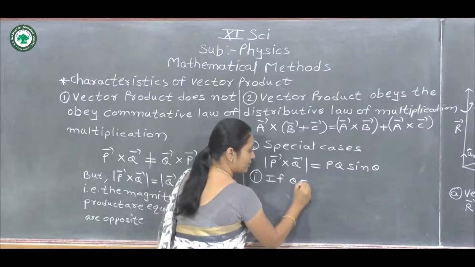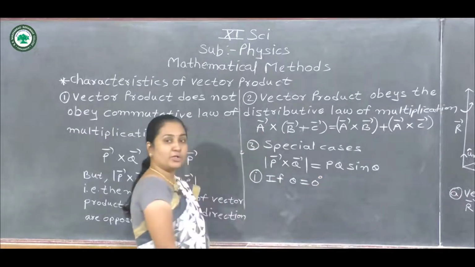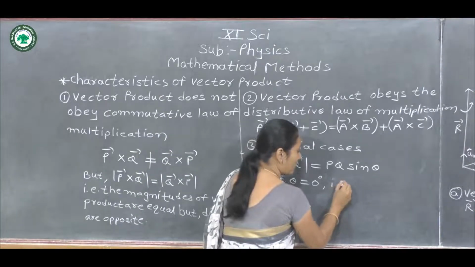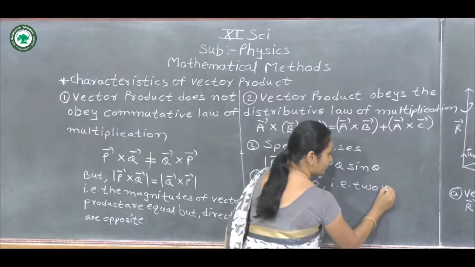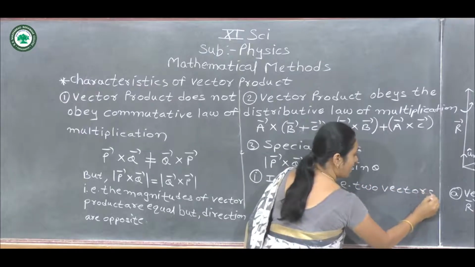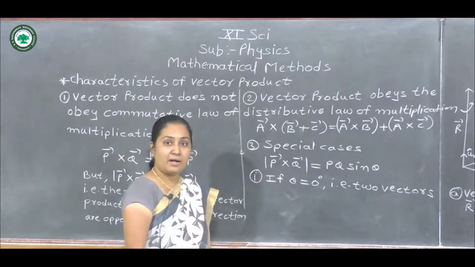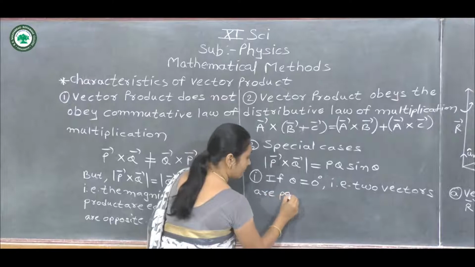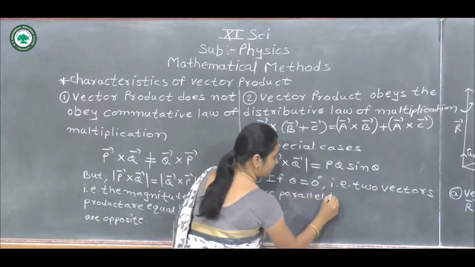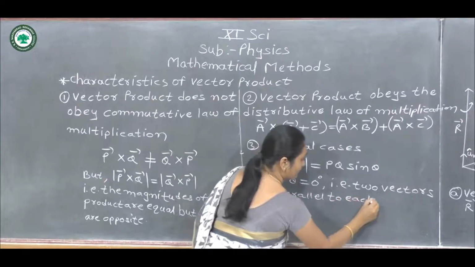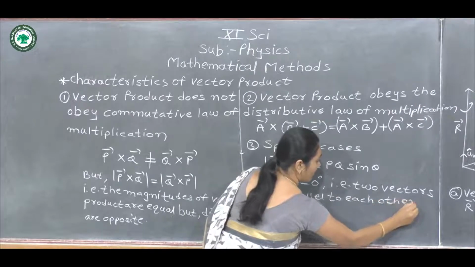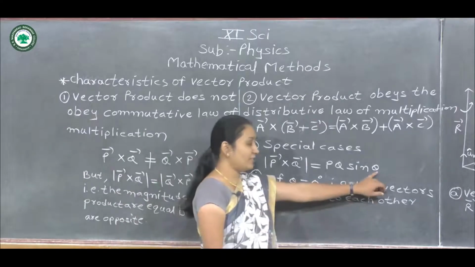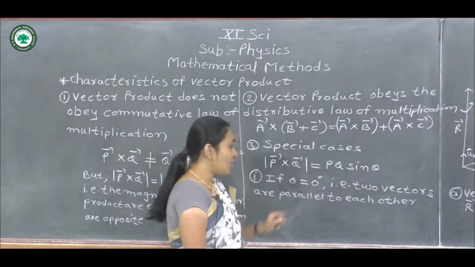So in these special cases, the first case is if theta is equal to 0 degree, that is, two vectors are parallel to each other. In this case, instead of theta, we can substitute 0 degree.